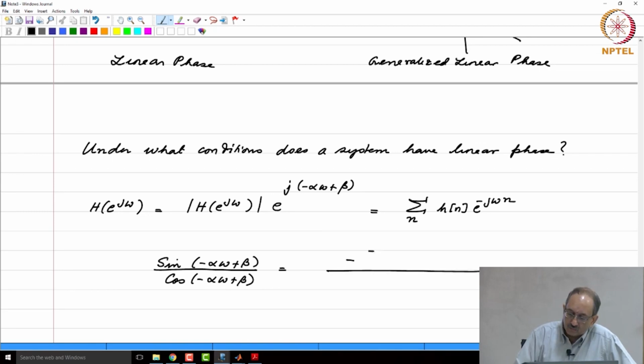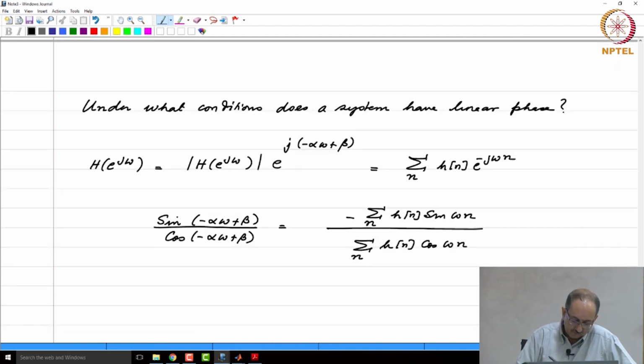This of course is minus sum over all n h of n sin omega n, divided by sum over all n h of n cos omega n. So, this is the tangent of the angle of the term on the right.